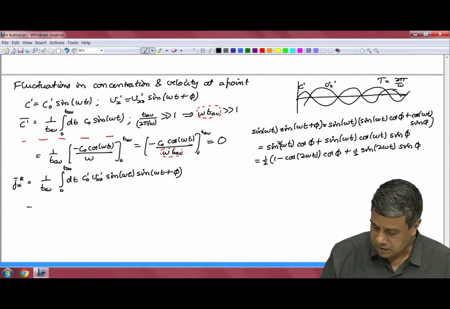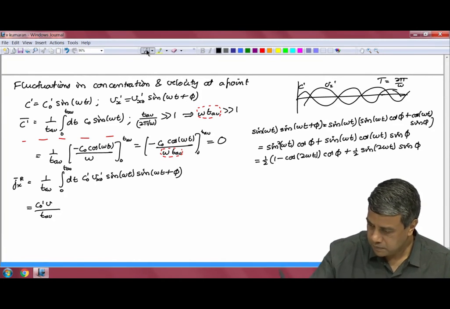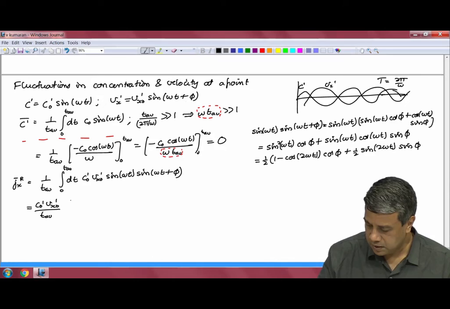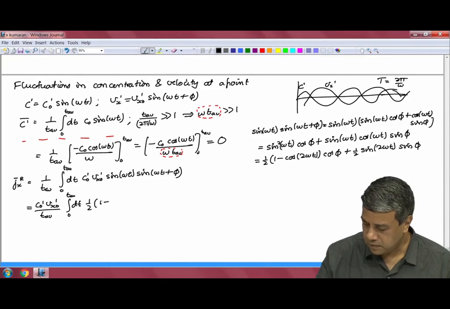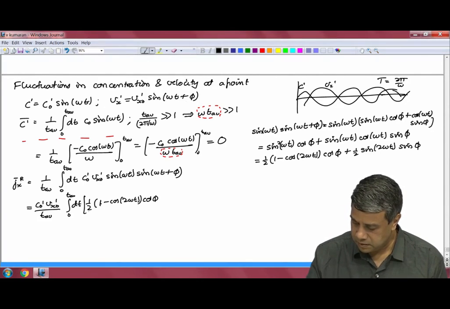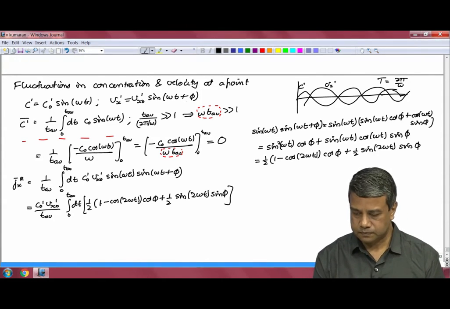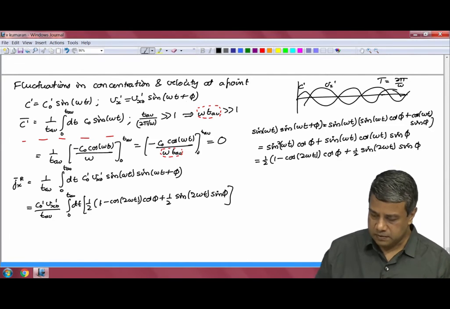So, if I do that, I will get C naught prime Vx naught prime by T average, integral 0 to T average dt, half of 1 minus cos of 2 omega t times cos phi plus half of sine of 2 omega t sin phi. And I can do this integral quite easily.